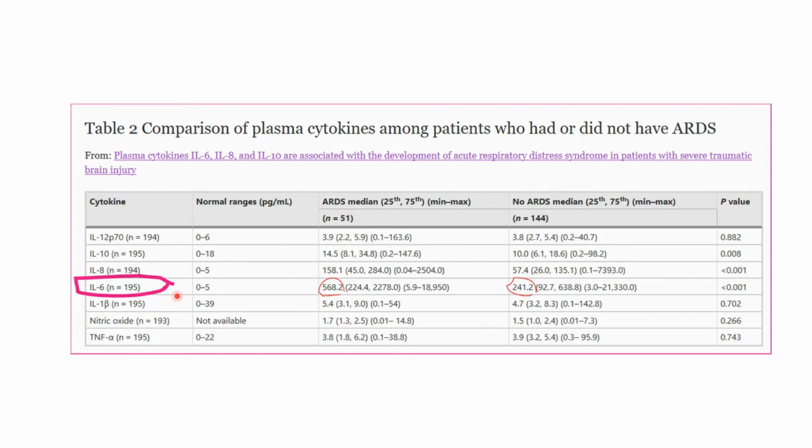The IL-6 level compared to normal is higher in both groups, but higher still in patients who get ARDS as compared to those who do not get ARDS, but still quite high.